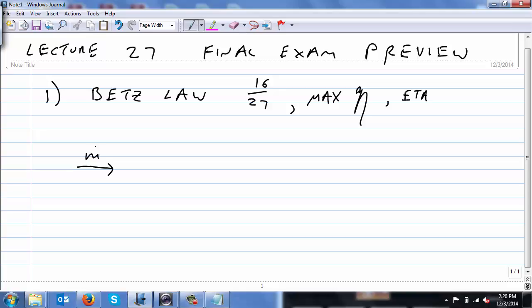mass coming in the front end of your turbine. Guys, what's the dot mean? Anybody? Time component. Time derivative, the change with respect to time. You're going to have some mass flow going in, and you're going to have some mass flow going out. And we know that the mass in has to equal the mass out.